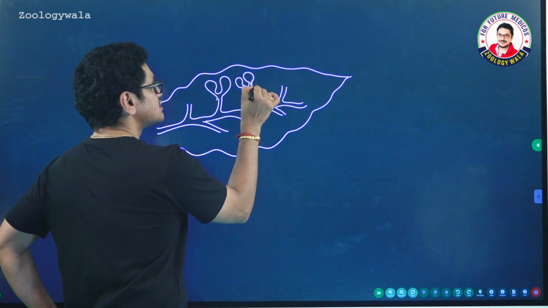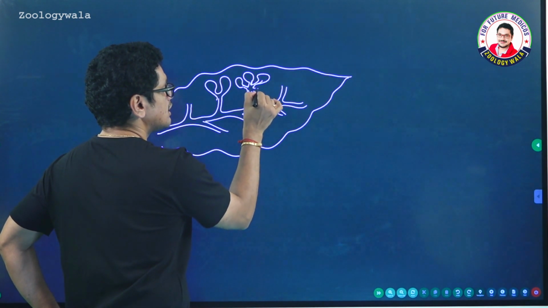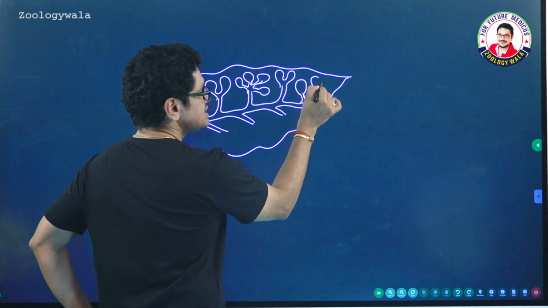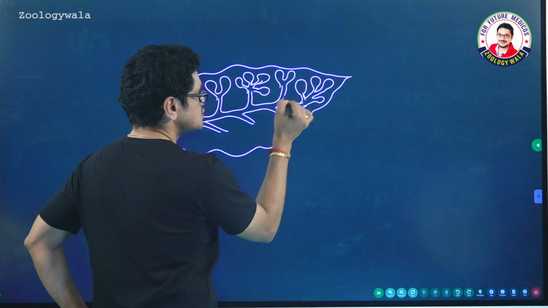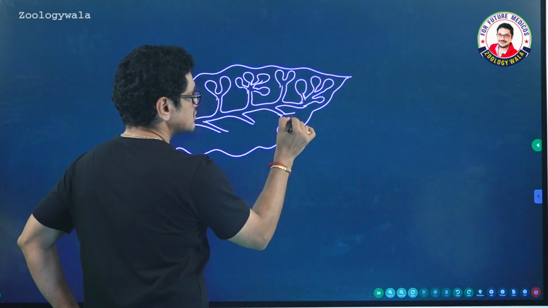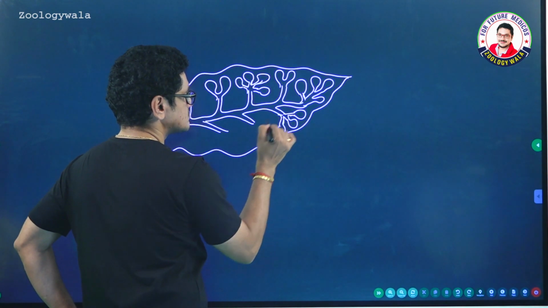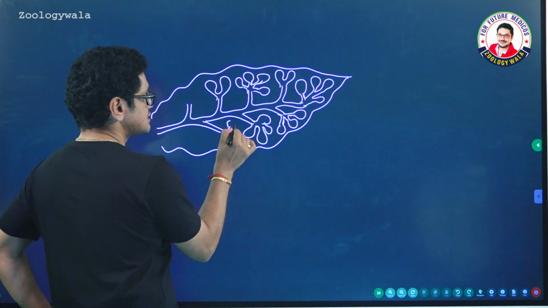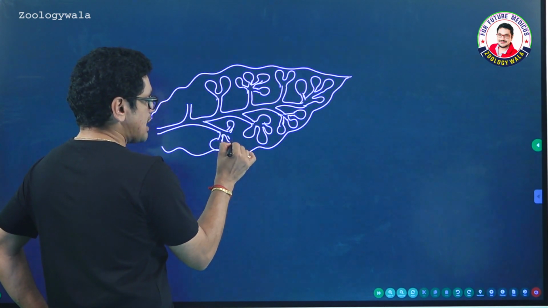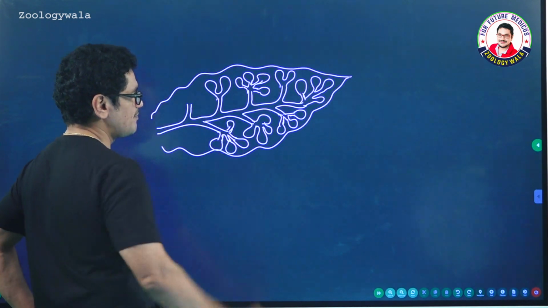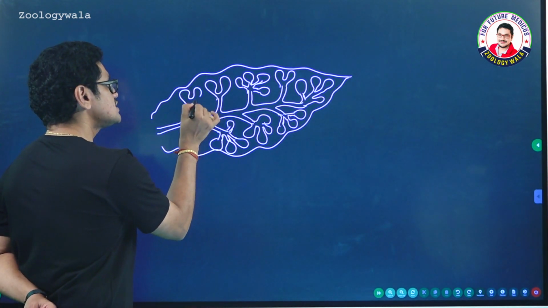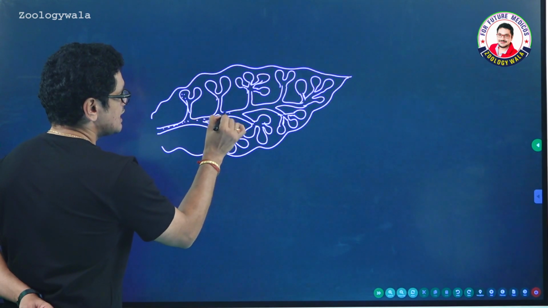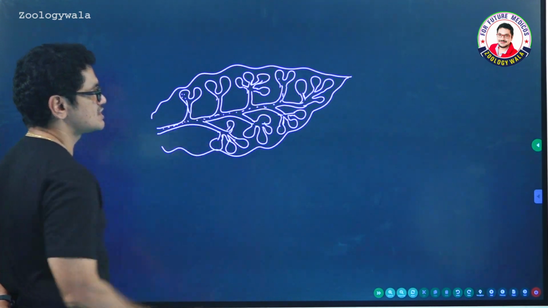A number of pancreatic acini are present, and these acini secrete enzymes, something like the alveoli of mammary glands. They produce secretions with the help of which the enzymes come out through this major pancreatic duct, like this.